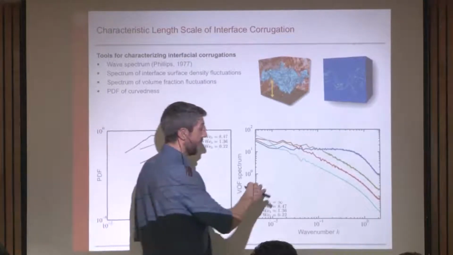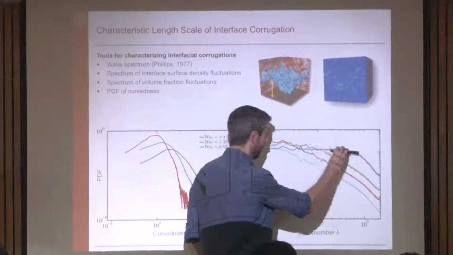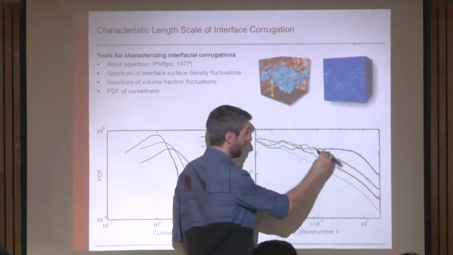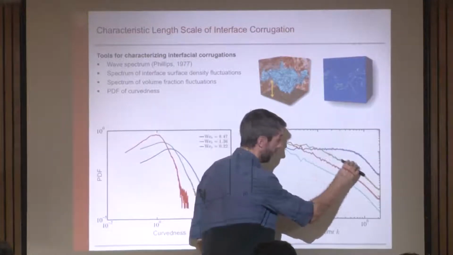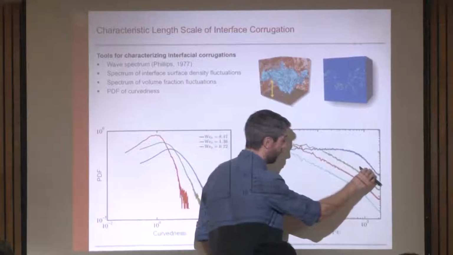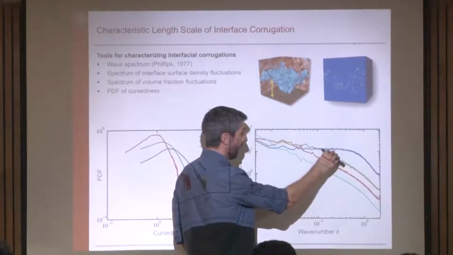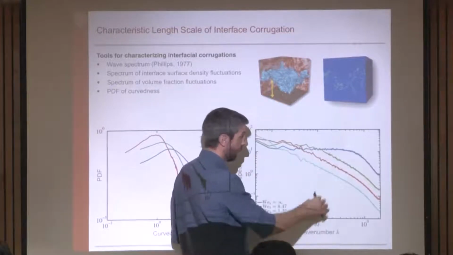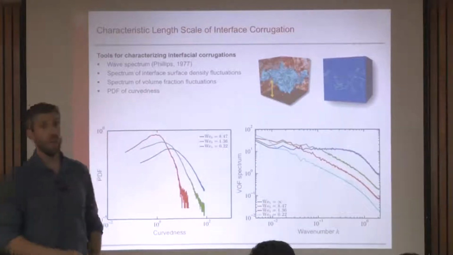What you can see is that we have a flat component of our spectrum, and then as the Weber number decreases, we also get a second slope that shows up, and where that slope shows up moves left, towards lower wave numbers, as the Weber number becomes less.